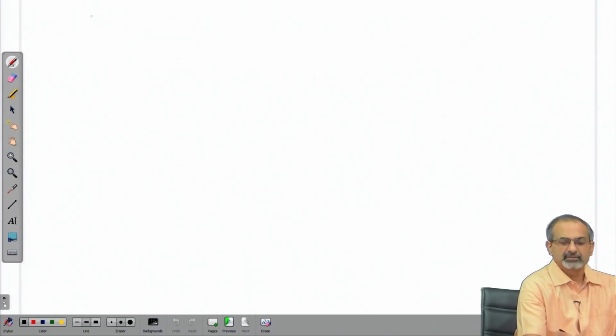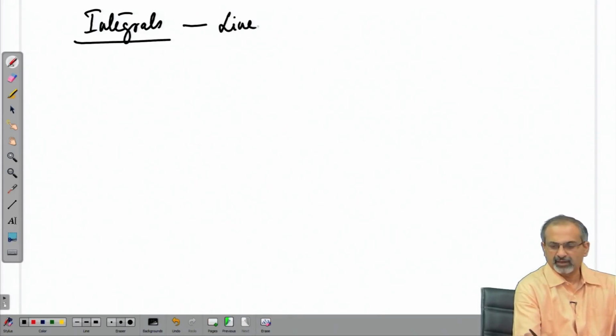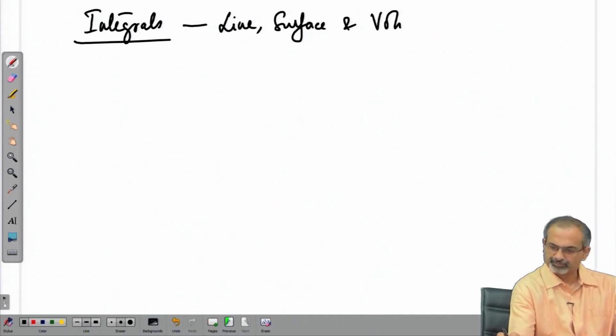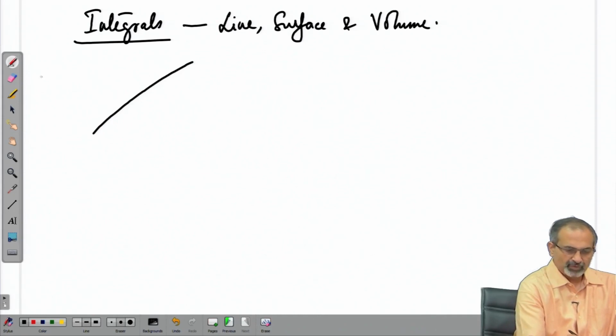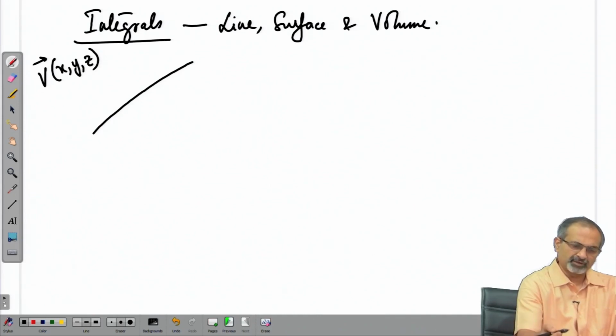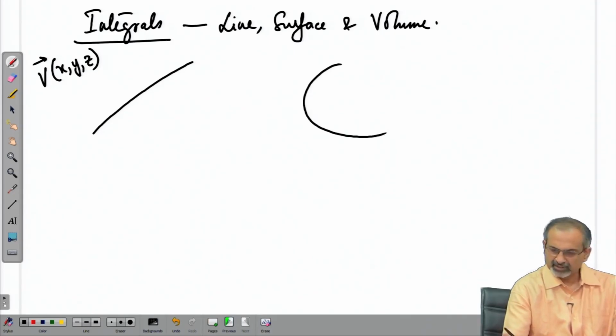And now, we will start discussing a few integrals, which are going to be very useful for us. Integrals will comprise line, surface, and volume. So, let us say we have a vector field V as a function of x, y, z, and we draw two curves within that vector field.